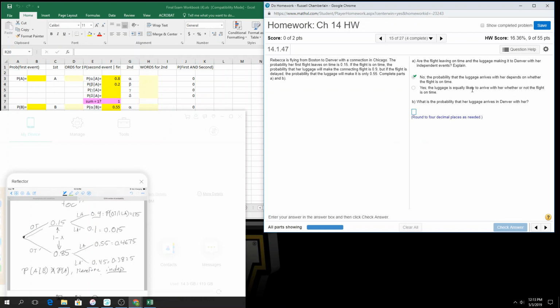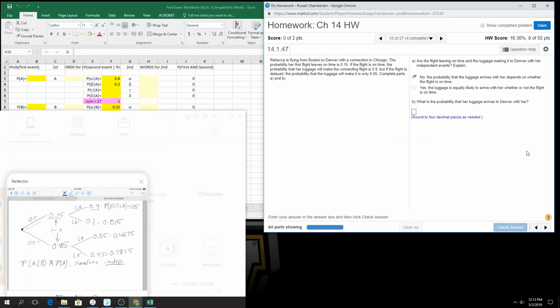Okay, so what's the probability the luggage arrives in Denver with her? It arrives if we've got on time and luggage arrives, or if we've got not on time and luggage arrives, right? So there are 2 and probabilities there. They are disjoint, right? I can't be on time and not on time.